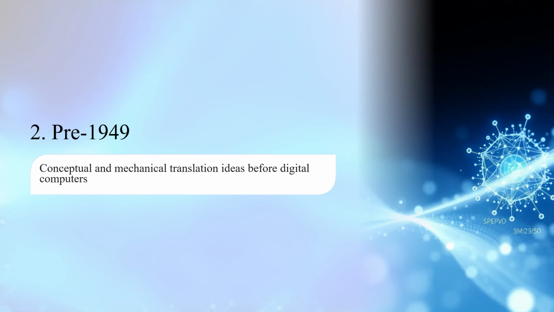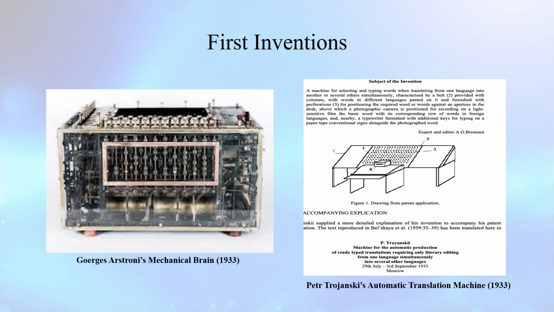So the history of machine translation goes back to the era before 1949, at which some conceptual and mechanical translation ideas emerged before digital computers existed. Inventors such as George R. Stroni and Peter Tujansky created mechanical translation machines and registered their patents in the early 1930s.